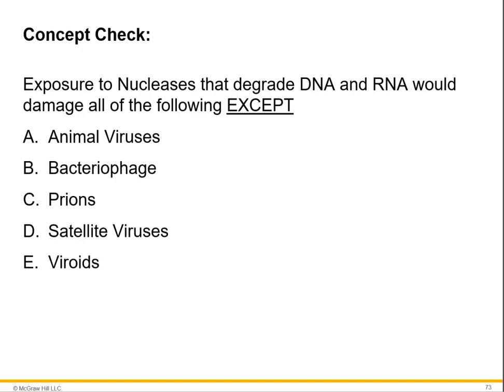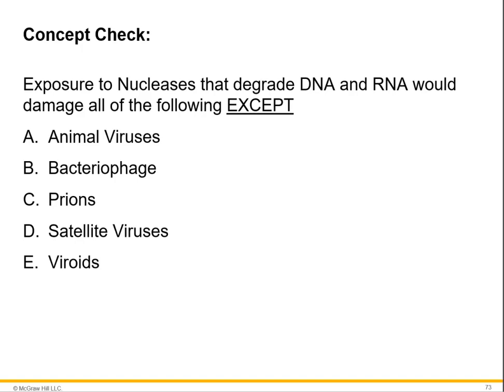Okay, question. Exposure to nucleases, those are enzymes that degrade or break down DNA and RNA, would damage all of the following except, okay, so we're looking for something that does not have DNA or RNA in it. So animal viruses are always either DNA or RNA.